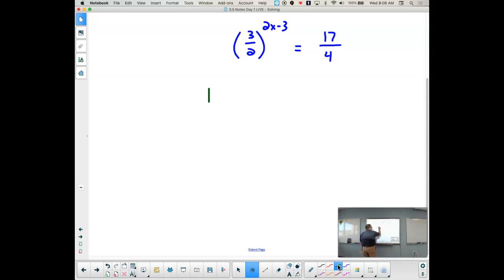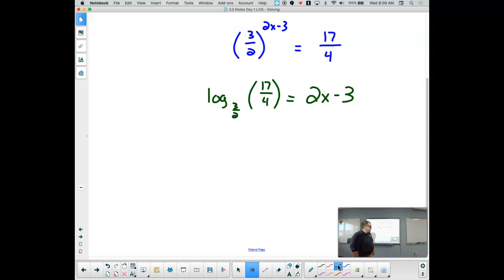So this is going to be log with my base of 3/2, my argument or my answer is 17/4, and that's going to equal my exponent, 2x minus 3. Now I've got the x out of the exponent, and I've got it down where I can solve it.